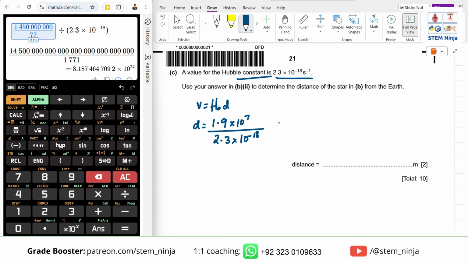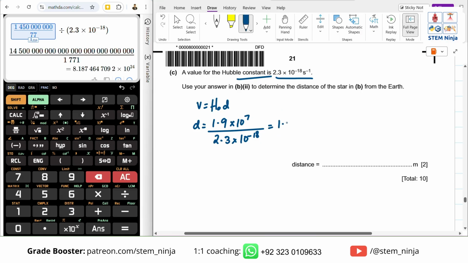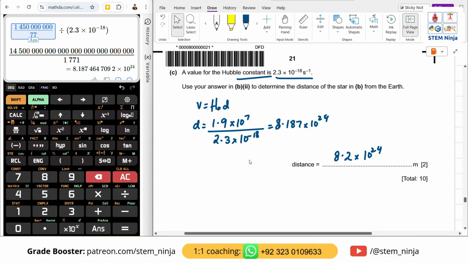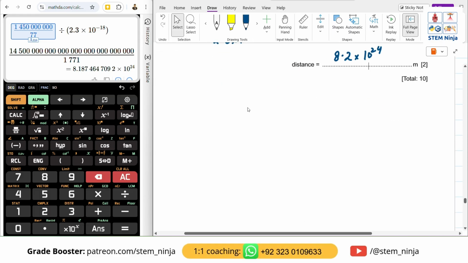So we get 8.187 × 10^24, so 8.2 × 10^24. So that's basically the paper.